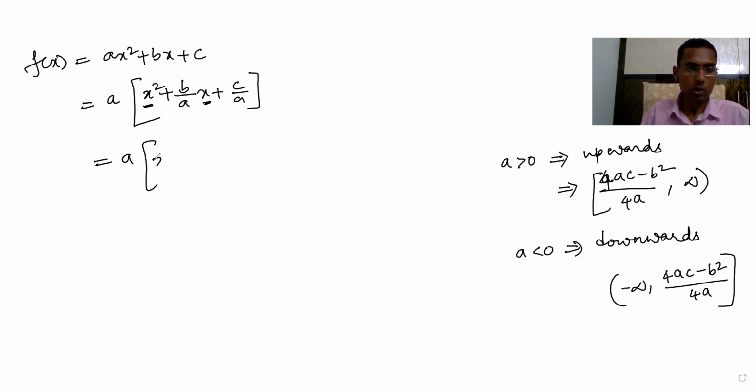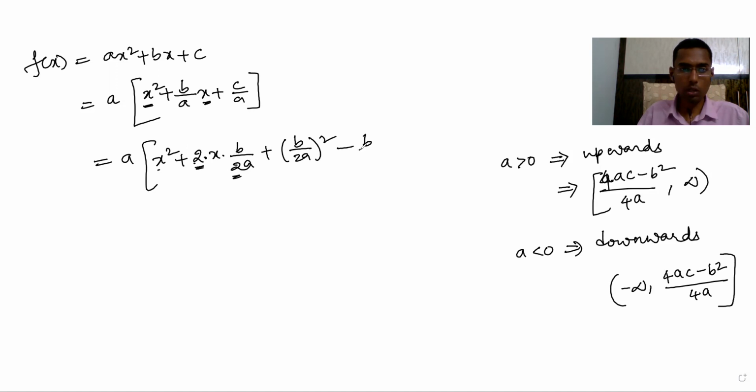So when this is a square plus 2ab, b must be b by 2a. This 2 I had to multiply, so I had to divide also. So 2ab, then b square, b square is b by 2a whole square. a square plus 2ab plus b square minus b square, this is minus b square, plus c by a.